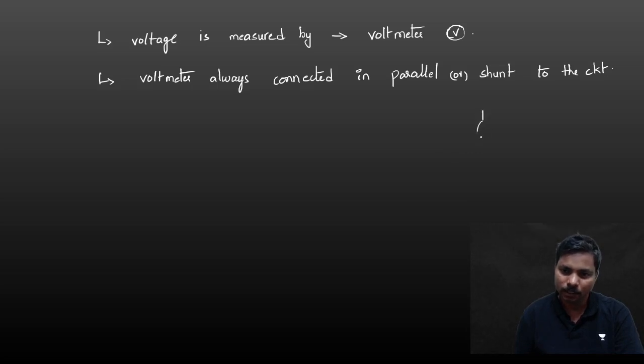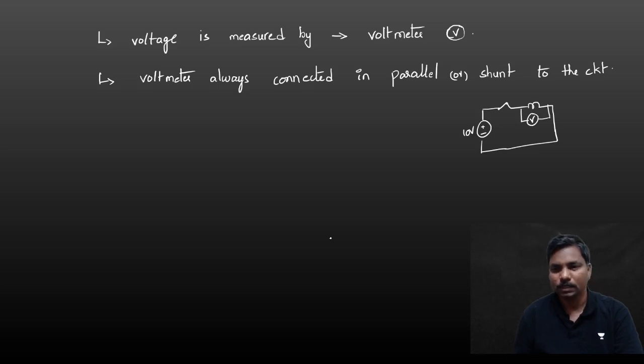Here if you have applied a voltage, let us take a switch that is closed. Here you have the bulb. If you want to measure the voltage across this, we have to connect the voltmeter like this. That is parallel. Always we have to connect in parallel.